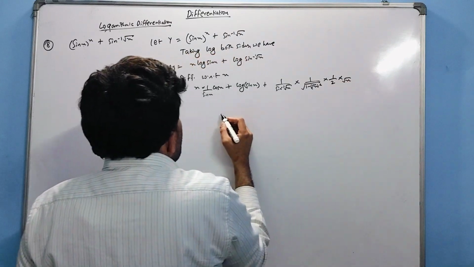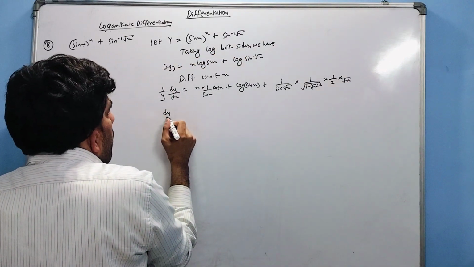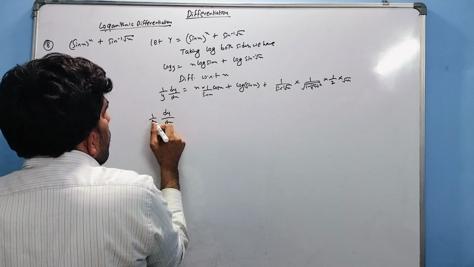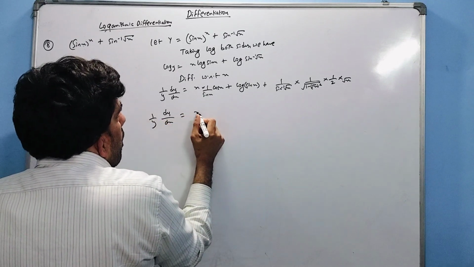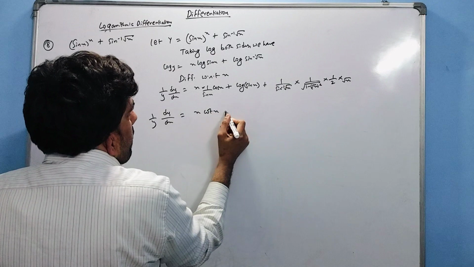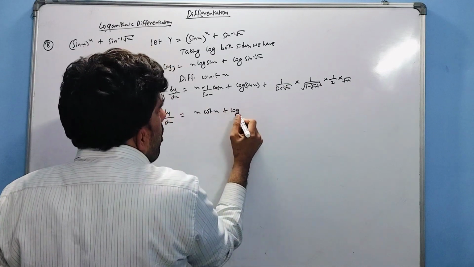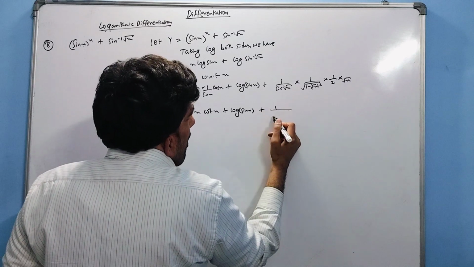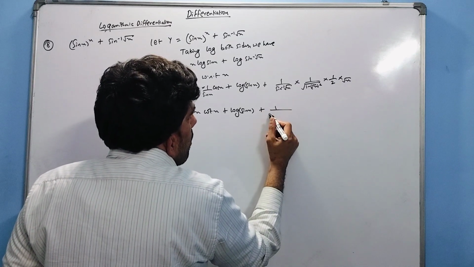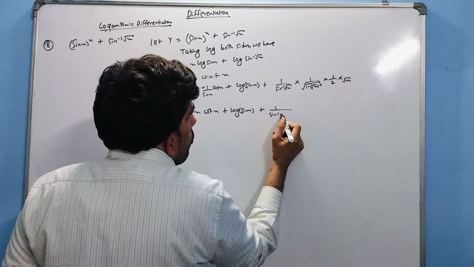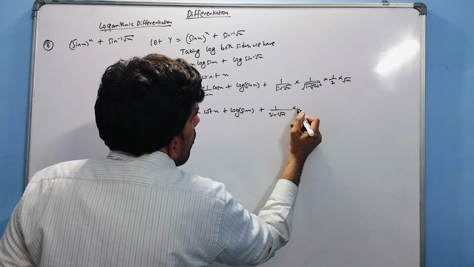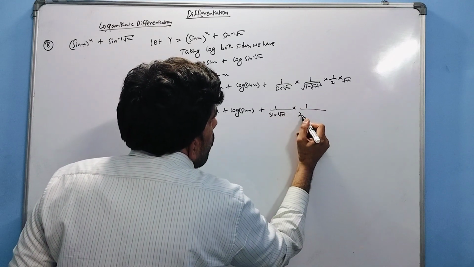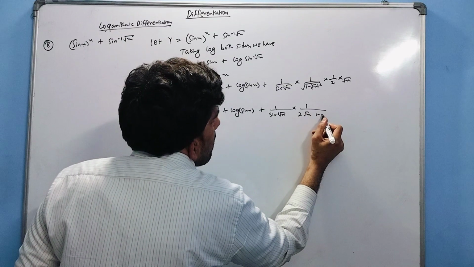So now we have dy upon dx, 1 upon y, is equal to x cot x plus log of sin x plus sin inverse root x into 1 upon 2 root x root of 1 minus x.